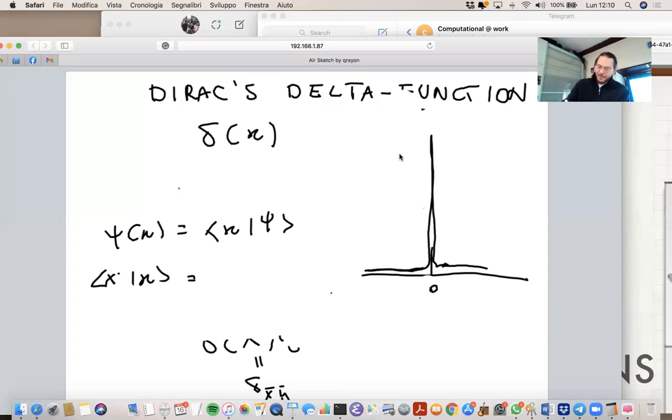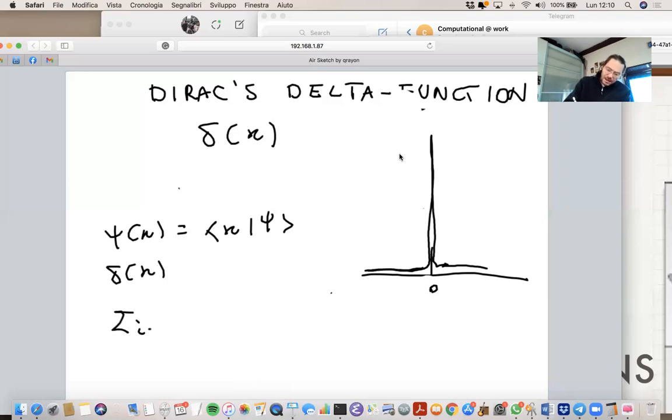Now, however, we want this generalized function, delta, to preserve the same properties of the Kronecker delta. One of the fundamental properties of the Kronecker delta comes from the theorem we just discussed. If I take the sum over i of delta ij, this is actually 1, right? Because all the terms in the sum are 0 unless i is equal to j, in which case delta ij is delta 1 1, which is 1.